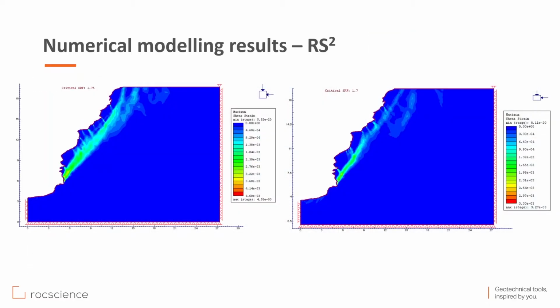And during the numerical modeling, the main reason is to operate with a factor of safety above 1.0. Another basis was the Eurocode 7 standard. Eurocode 7 represents a major change in design philosophy.